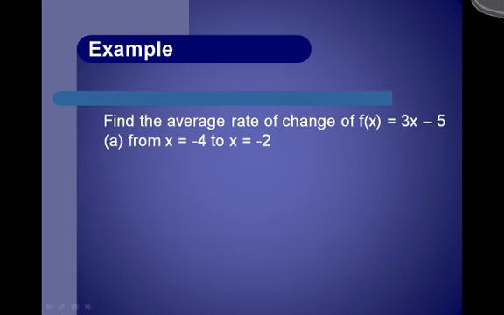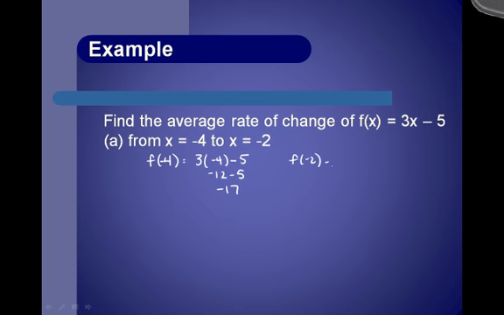Okay? One more. Find the average rate of change of f of x equals 3x minus 5 as x goes from negative 4 to negative 2. Well, same thing. F of negative 4 would be 3 times negative 4, which is negative 12, minus 5, which would give us negative 17.